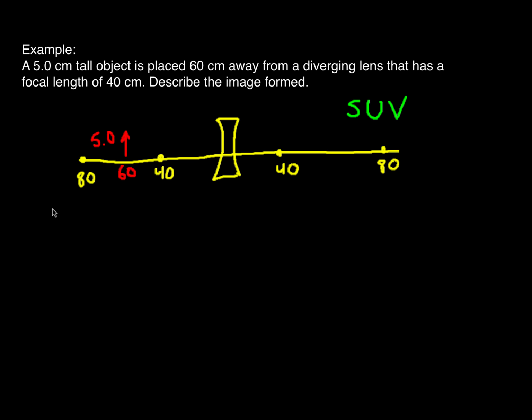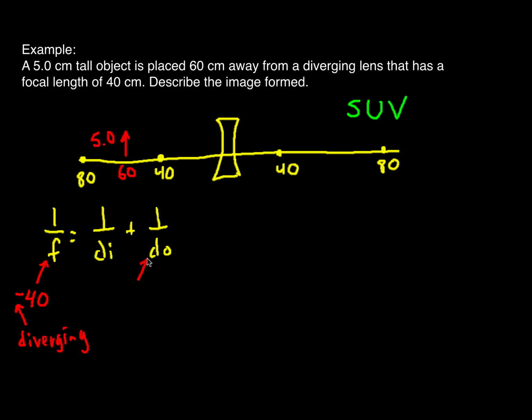The first formula is 1/F equals 1/DI plus 1/DO. We know F is negative 40. We say negative because it's a diverging lens. The distance of the object is positive 60 because the distance of the object is always positive.